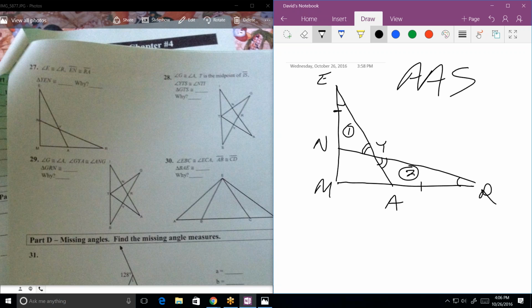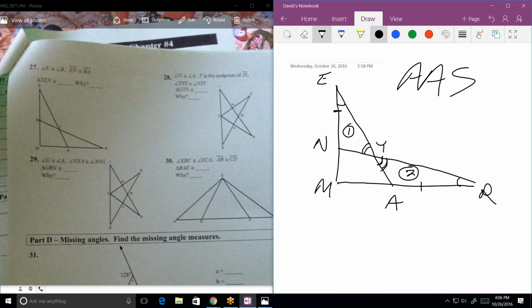And this side AR that has the hash mark is opposite that double hash mark angle. So EN is the corresponding side of those two triangles, in which case angle, side is proper.